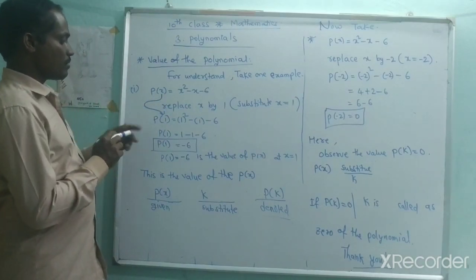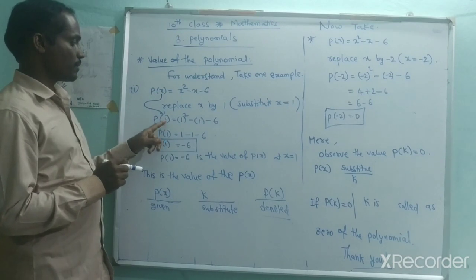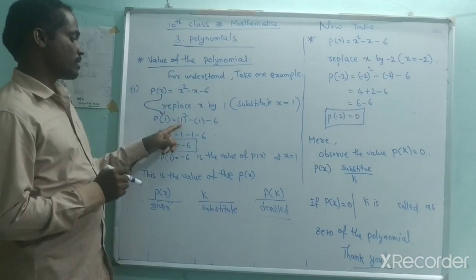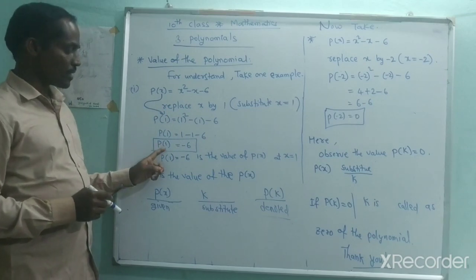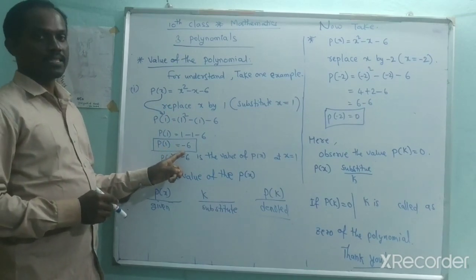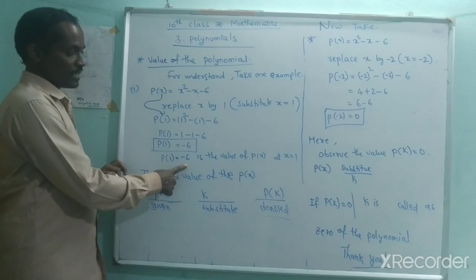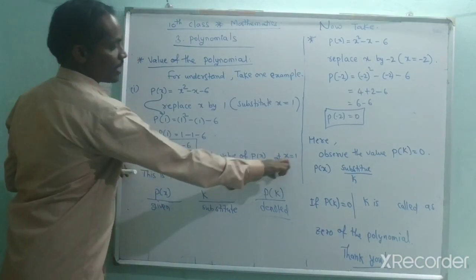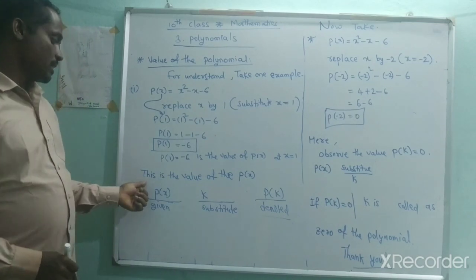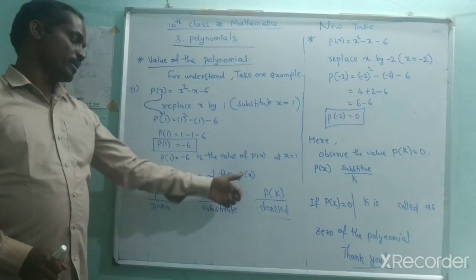In the place of x square, 1 square minus x, minus 1, minus 6 as it is. We get the answer p of 1 is equal to minus 6. So p of 1 is equal to minus 6 is the value of the polynomial at x is equal to 1.